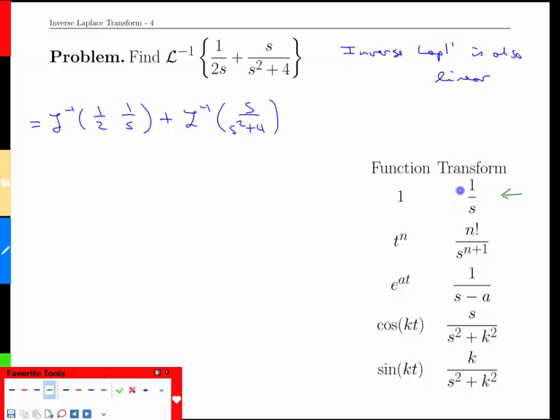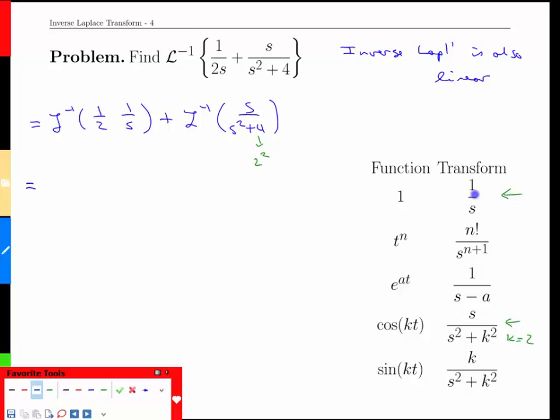Hey, that's exactly in our table already. And then we can look at the s over s squared plus 4. Notice there's 2 close relatives here. If there's an s on top, it's the one that goes with cos. If there was just a constant, then we would have the transform of sine. So we have a perfect match to this with k equals, gotta be careful here, this is 2 squared, and so this is a transform with k equals 2.